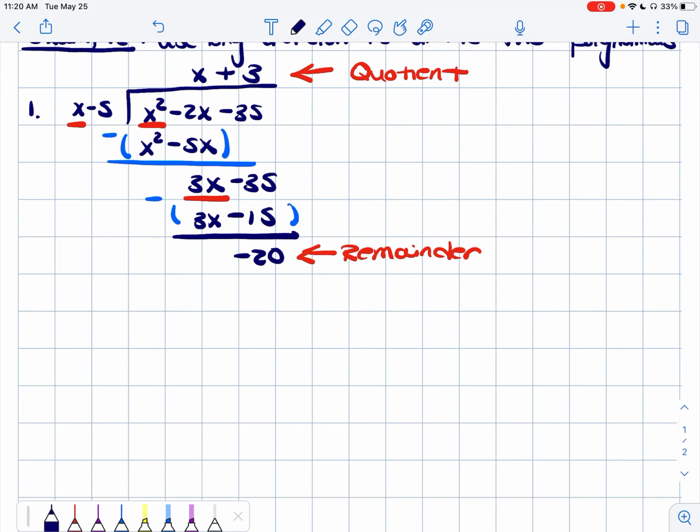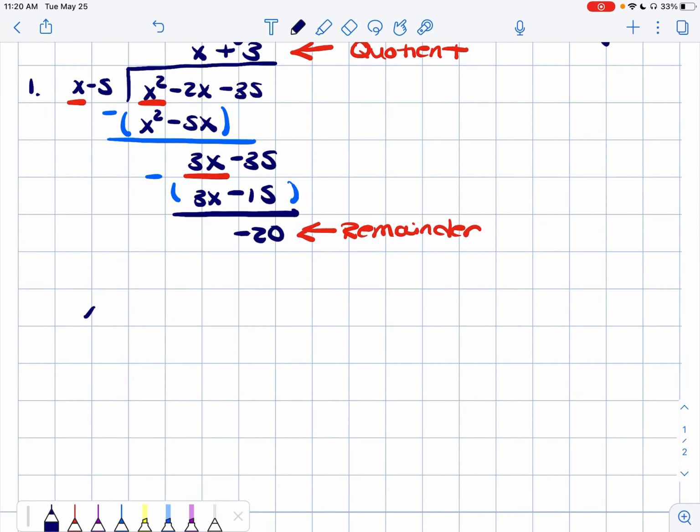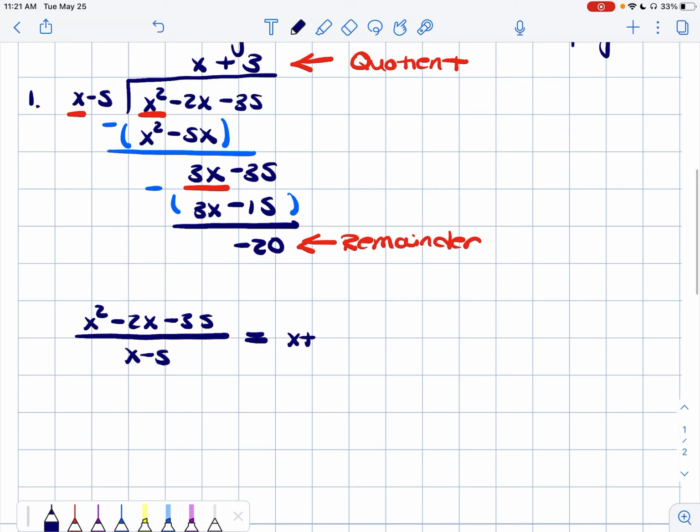Okay, so what this tells us then is that x squared minus 2x minus 35 divided by x minus 5 is equal to our quotient of x plus 3 minus 20 over x minus 5. That is our answer. Okay.